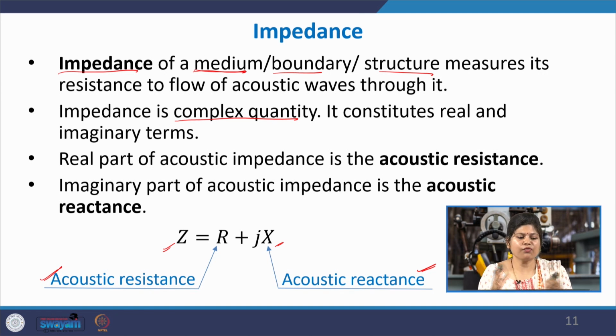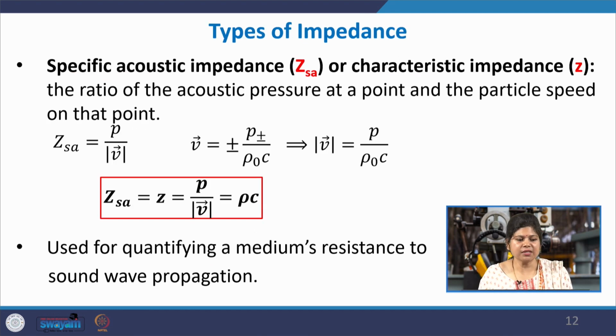The first type is the specific acoustic impedance, which you can denote as capital Z with subscript SA, or simply write as the characteristic impedance or small z. In some books you see one term and in others the other; they are both the same.